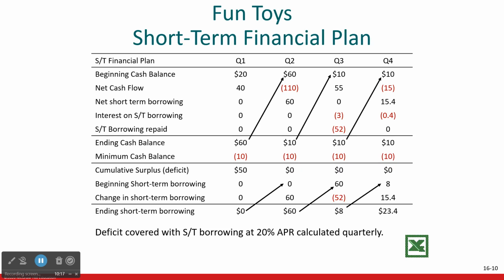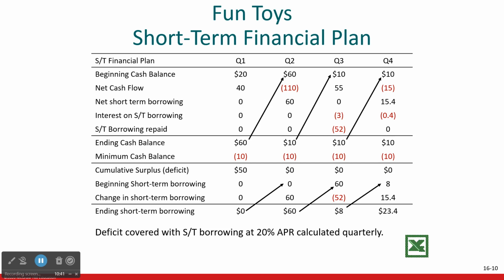So in looking at the short-term financial plan, we saw the minimum balance here. We see the amount that we may need to borrow. And so that's that next component. Once we identify the cumulative surplus or deficit, we see how much we actually need to borrow.